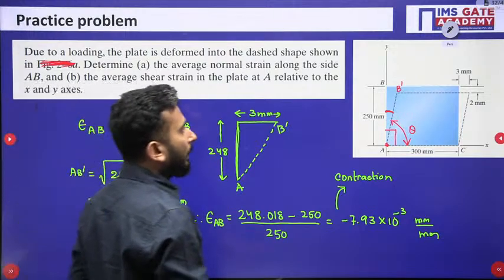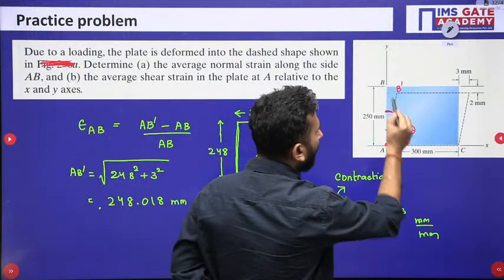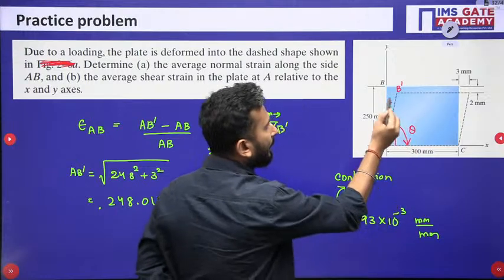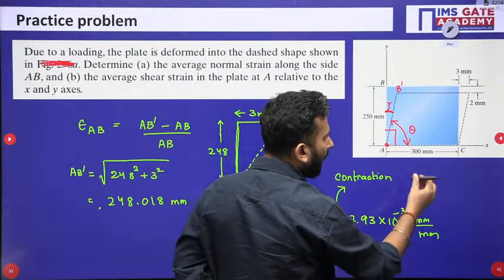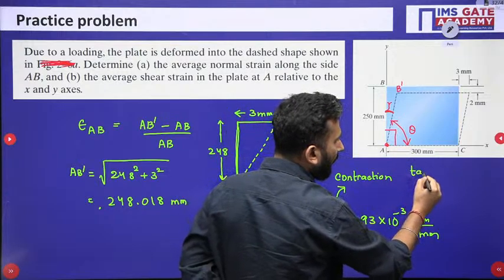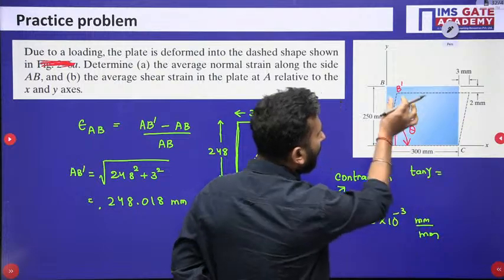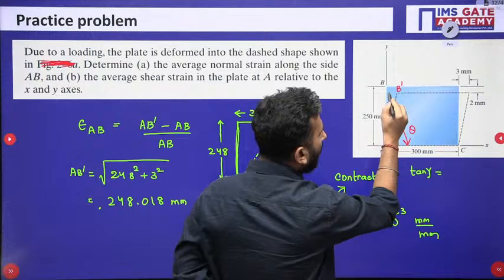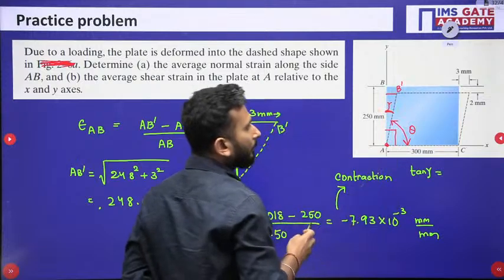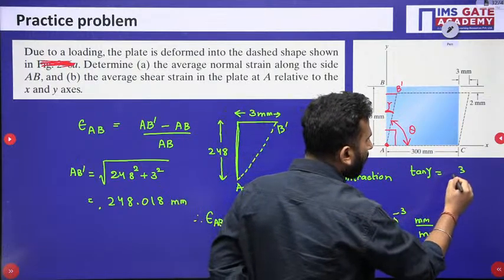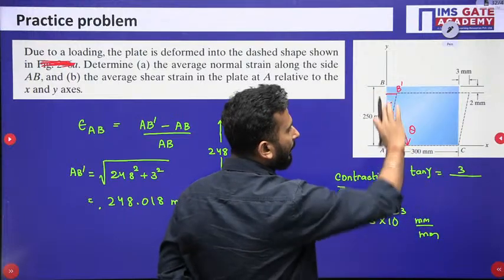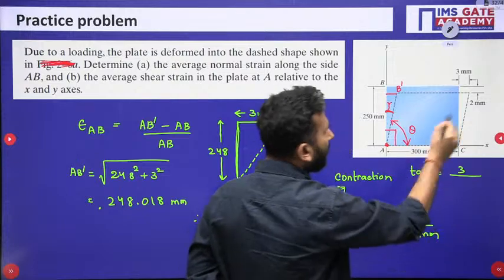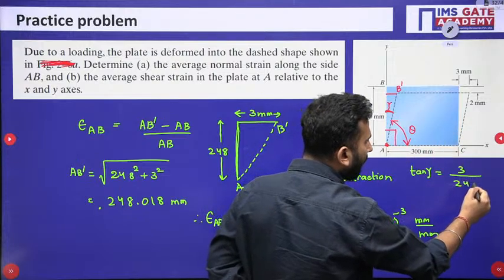So I should show you here itself that let's say this angle I am taking as gamma. So tan gamma is this length BB dash, which is 3, divided by this height. Tan gamma is 3 by the height, 250 minus 2, so 248.